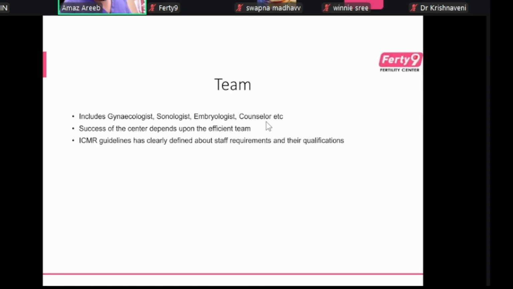So the team includes a gynecologist, a sonologist if required, an andrologist or embryologist if you are planning for level 2, and the counselor should always be there, and the counselor should also have knowledge of IUI and all the preliminary treatments. Apart from that, you can also have a psychological counselor where the patient can be counseled for a better conversion. So the success rate of the center depends upon the efficiency of the team.